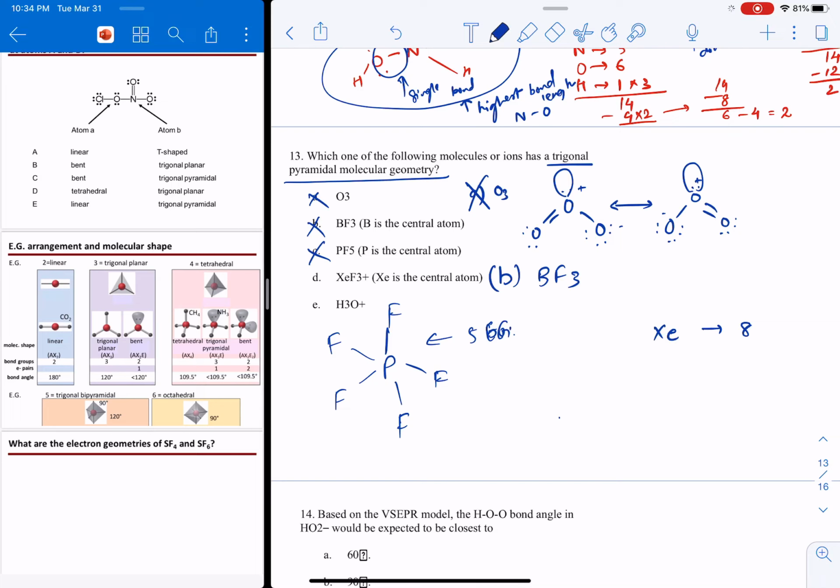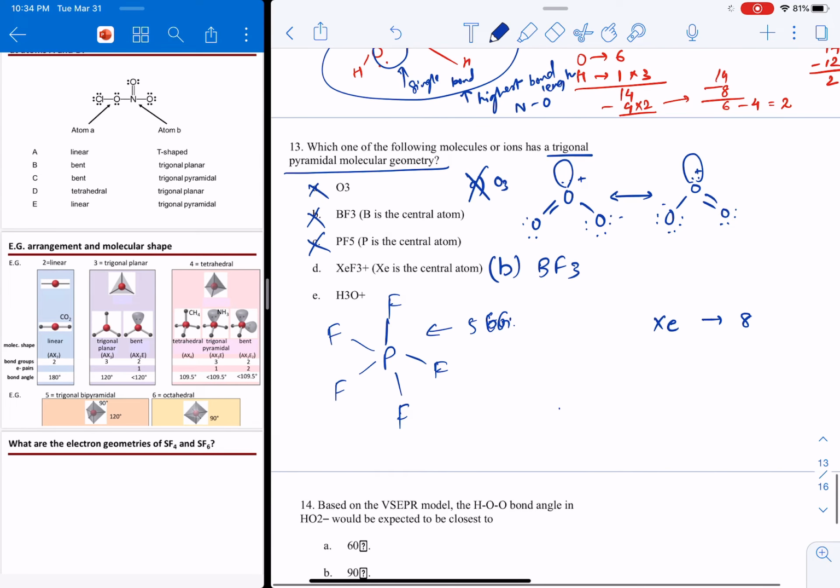Xe is a noble gas, so it will have an octet already fulfilled. So it's 8 valence electrons or a fulfilled shell. Then you have F that gives you 7, and we have 3 fluorine, so that's 21. Plus we have a positive sign that shows 1 less electron, so we have right now 28 electrons.